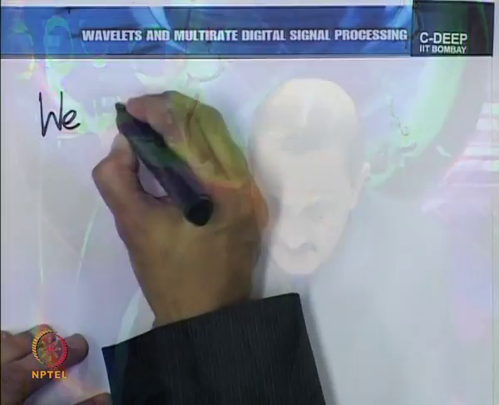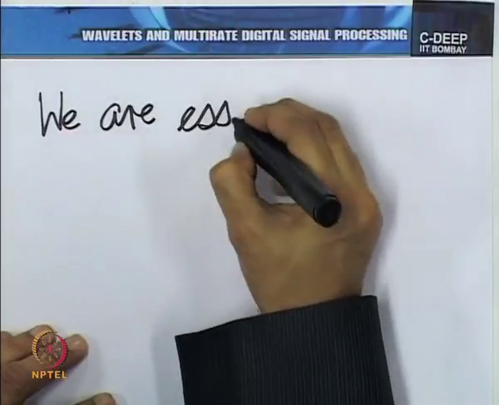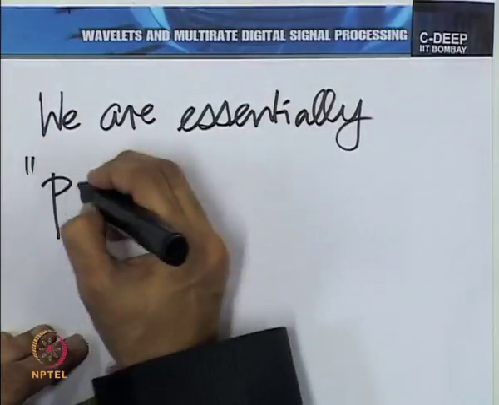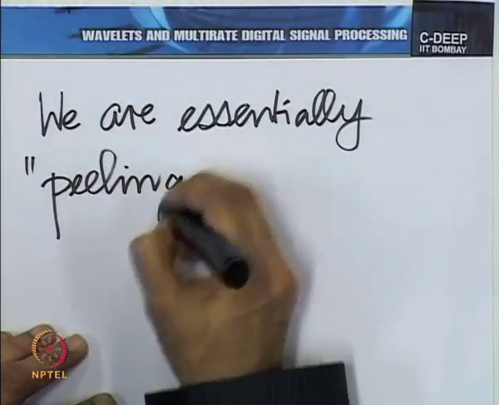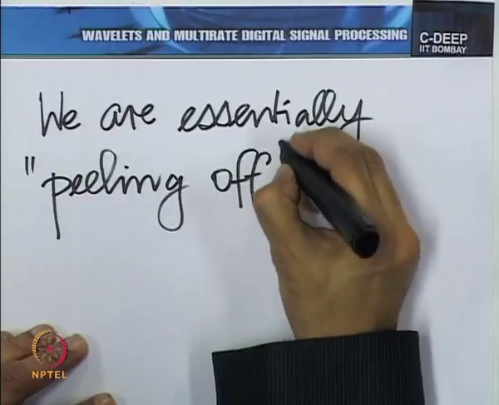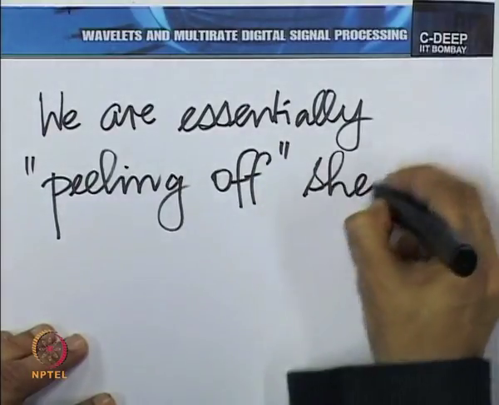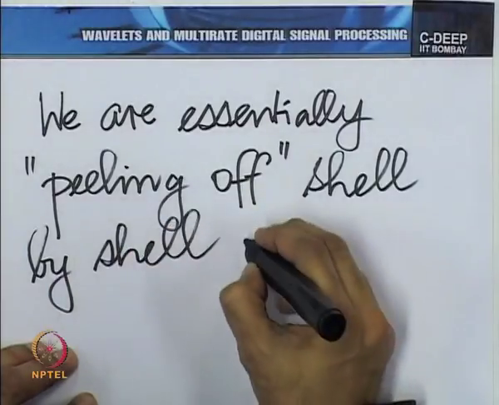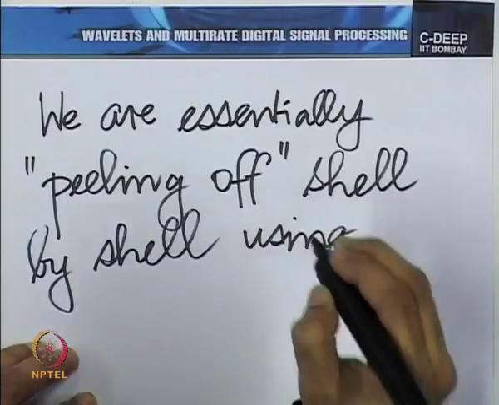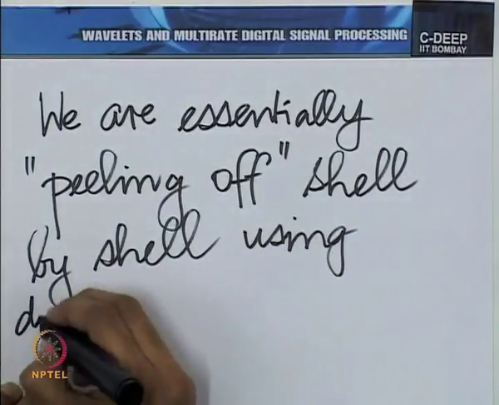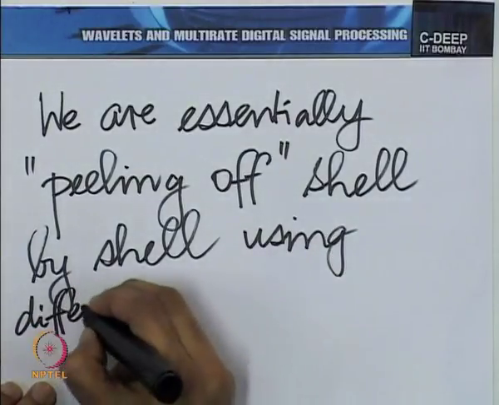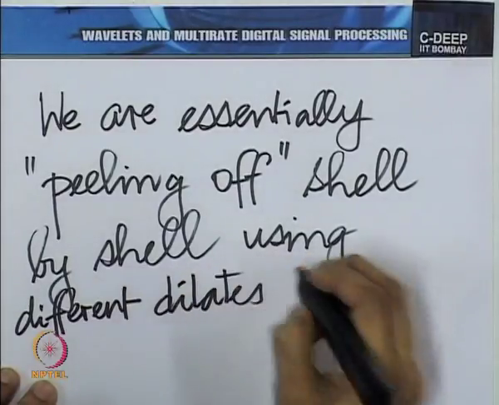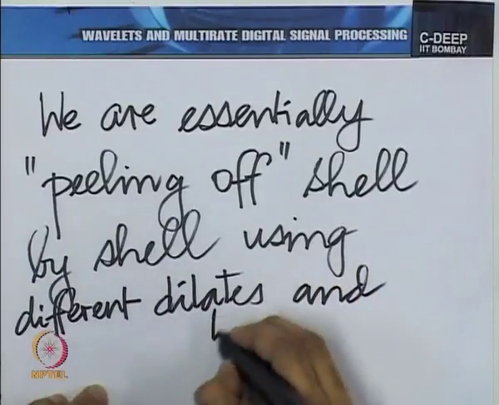We are essentially peeling off shell by shell, using different dilates and translates of the Haar wavelet.